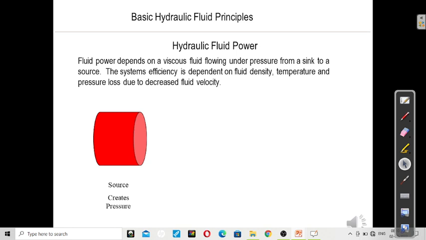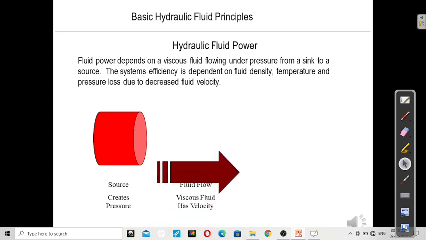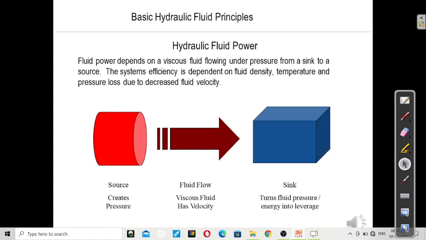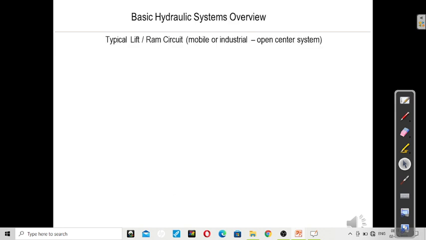So you can see the source will create pressure and fluid flow, the viscous fluid has a velocity and it will go to the sink. This fluid pressure energy turns into leverage. Gravity as well as change in temperature will occur when the fluid flows there.